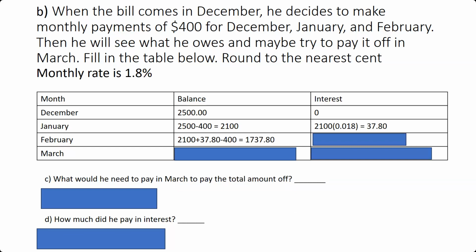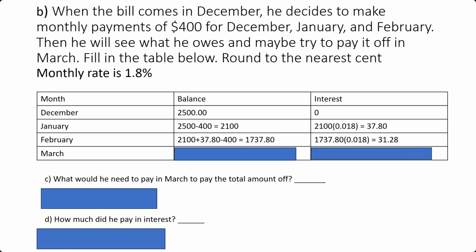The biggest thing that happens is rounding error, so be careful of that. And show all your work, so then if it is a rounding error, I know what you did.